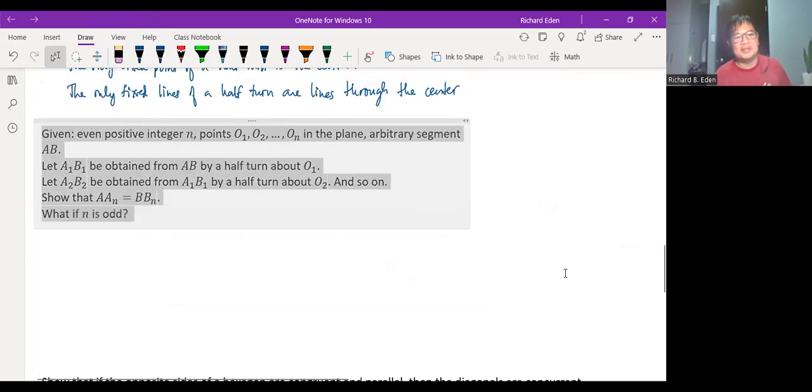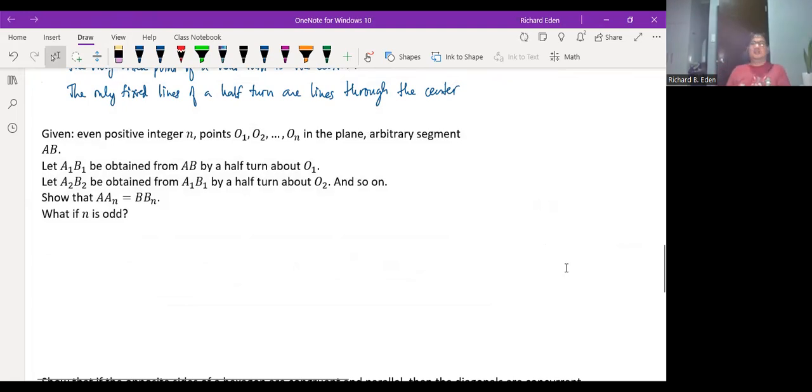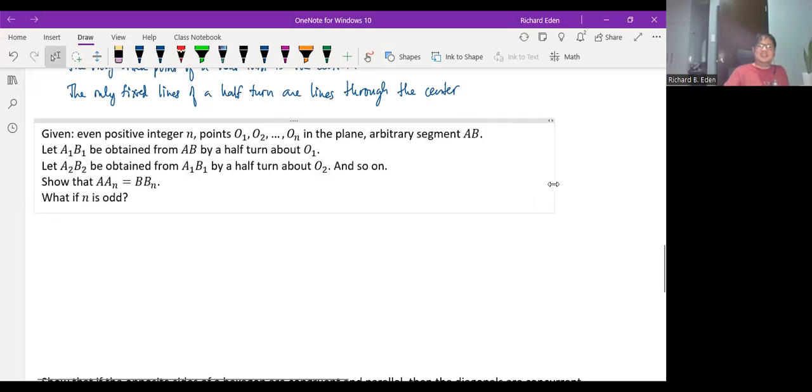So n is a positive integer. So, or even integer. Everybody sabihin mo, what if n is negative 8? Eh, i-aminin na natin. Positive. Okay. And then, so hindi rin pwedeng 0. And then we have these points O1, O2, all the way to O sub n.